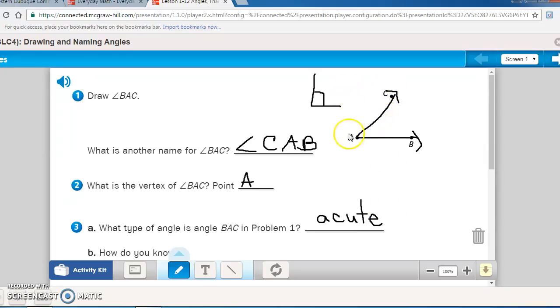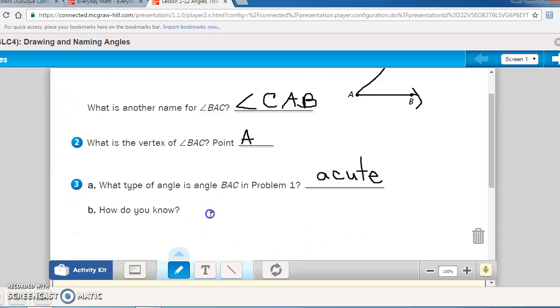So if you think of it as smaller than a 90-degree angle, as it's so cute, you'll remember that it's acute. And how do we know that it's acute? Because it's smaller than a right angle. So that should be your answer. We know that it's considered acute if it's smaller than a right angle.